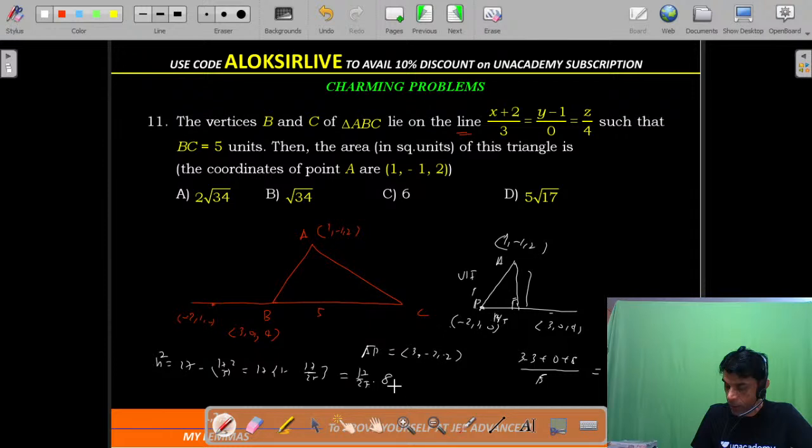But you know the base, so area is half into base into height. Base is 5, and then you are getting 2 root 34 by 5. So you will get root 34. So that is how it will come. Correct. Again, a tricky question, but done easily using vector language. So this is about 11.